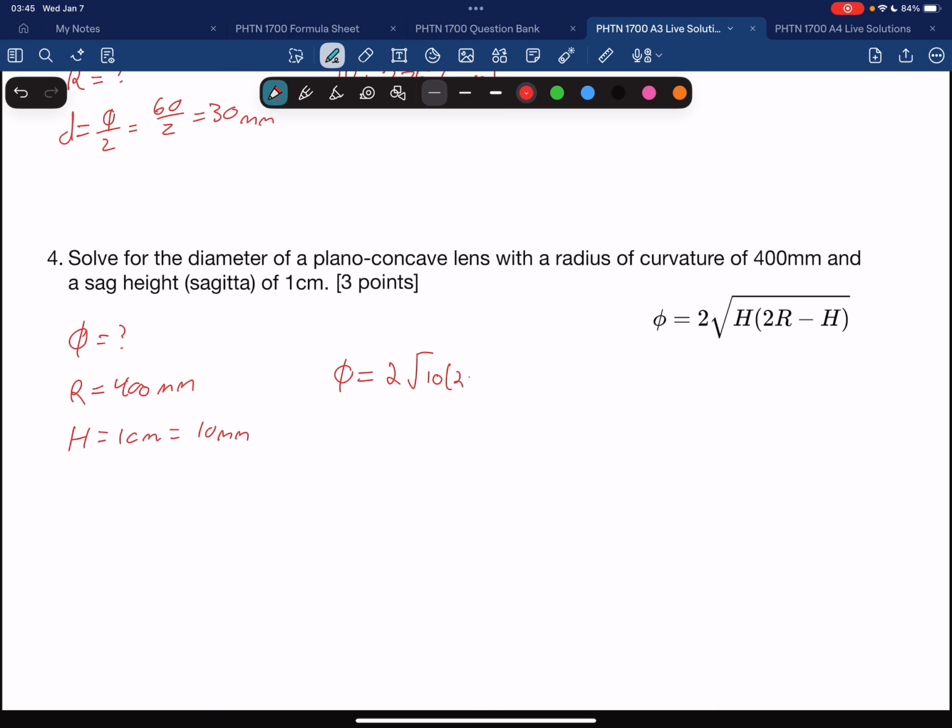So, my full diameter is equal to this here, and the full diameter comes out to be, I will call that 178 millimeters.